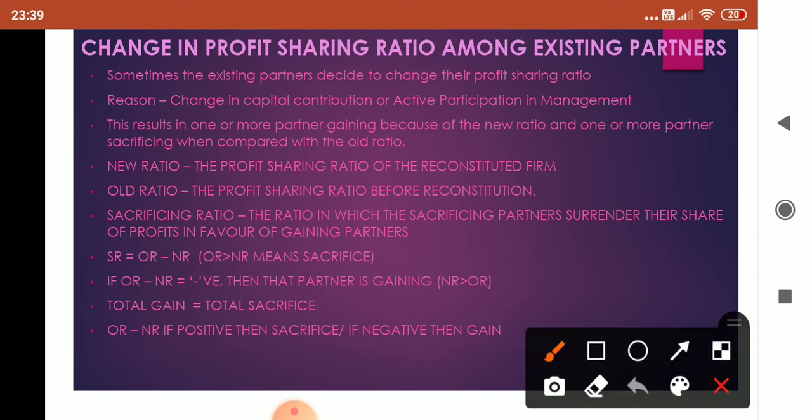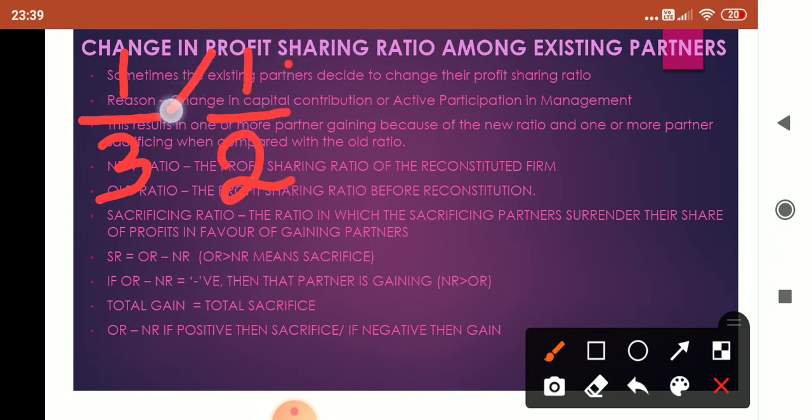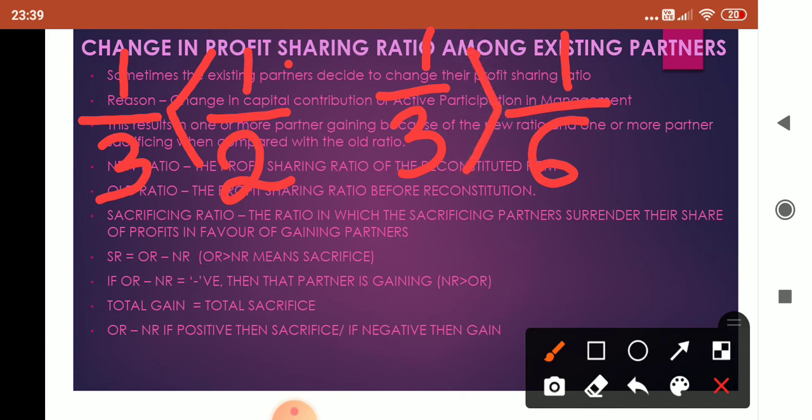In our previous sum, the old ratio for A is 1/3, whereas the new ratio for A is 1/2. So when the new ratio is greater than old ratio, that partner is gaining. And for C, the old ratio is 1/3 and the new ratio is 1/6. So when the old ratio is greater than the new ratio, that partner is sacrificing.